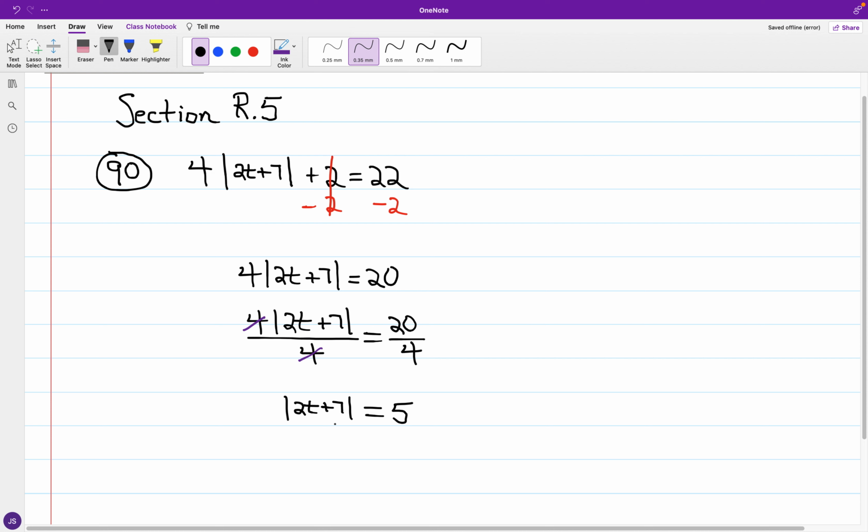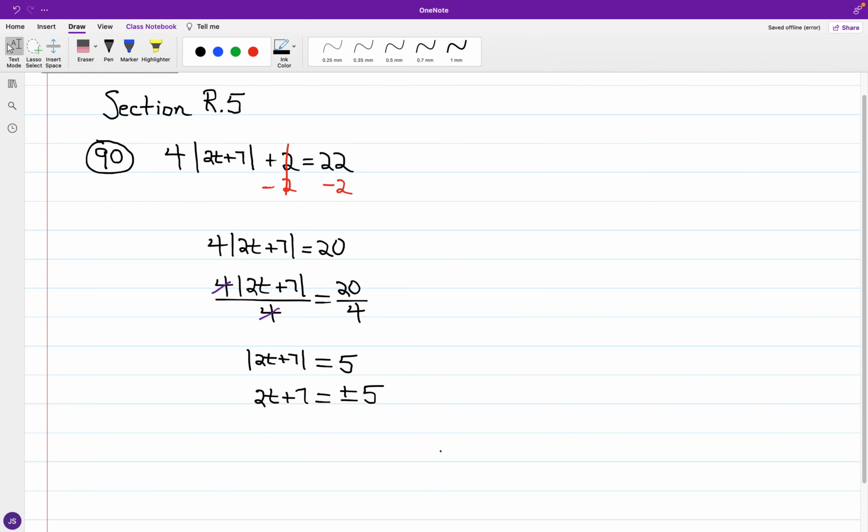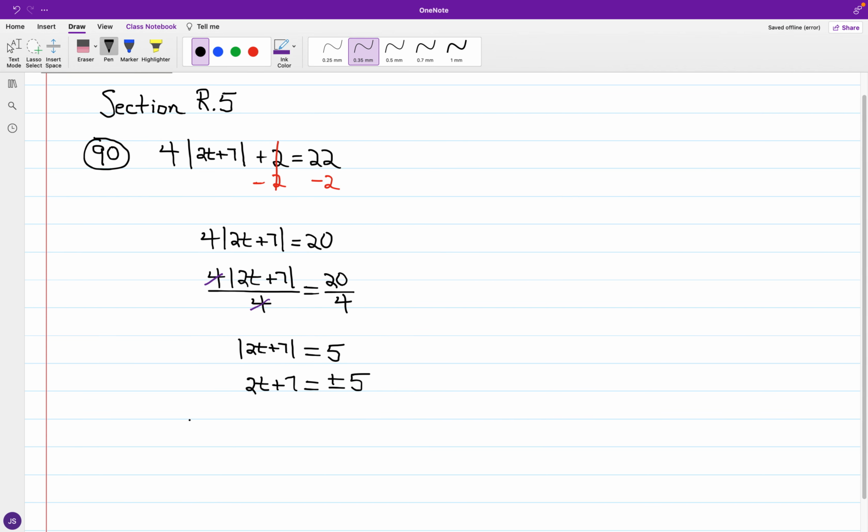Setting things up in terms of solving for t, once I remove the absolute value bars from the binomial 2t plus 7, we have 2t plus 7 equal to those amounts with an absolute value of 5, one being 5 and the other negative 5. So setting up our equations: I have 2t plus 7 is equal to negative 5.